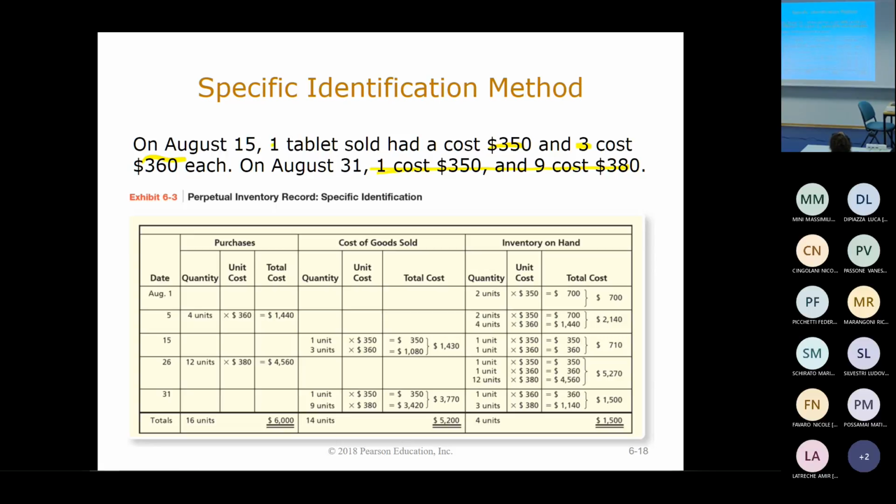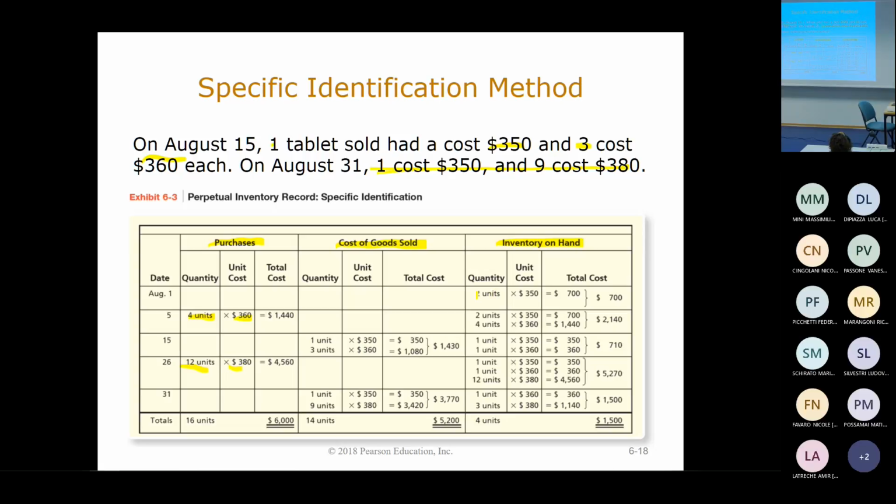This schedule shows the purchases, the cost of goods sold, and the ending inventory, or inventory on hand. That changes every day, okay, as we buy and sell the inventory. So we have the purchases, 4 units and 12 units, 4 at 360 and 12 at 380.